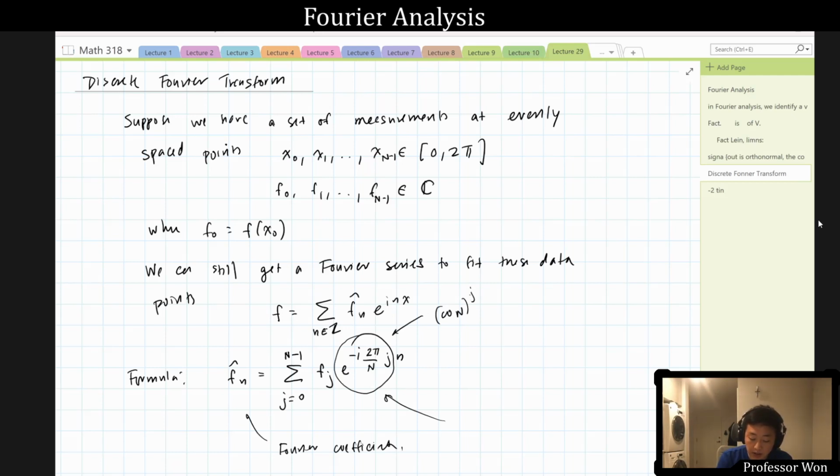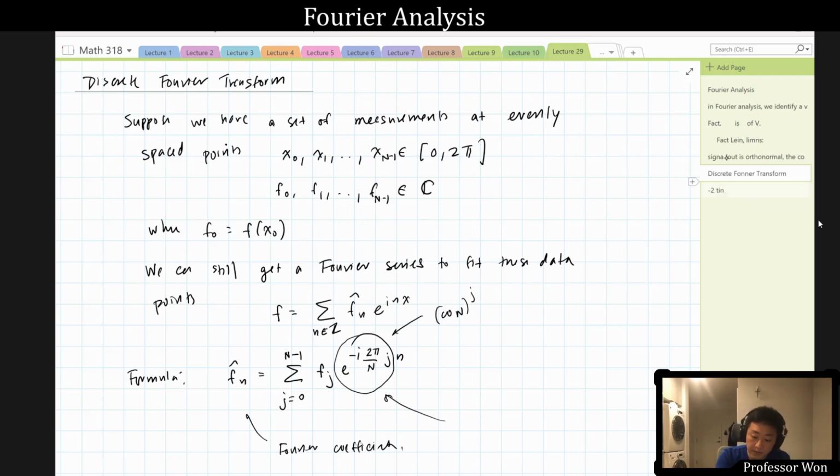So what you're doing is you are raising this omega n to the jth power to the nth power, where n varies depending on which Fourier coefficients you want. When you want the first Fourier coefficient, you just take omega n to the jth power, you sum that up from j equals 0 to n minus 1. When you want the second one, you square all those things, etc.